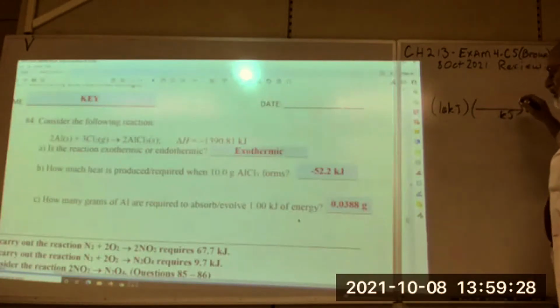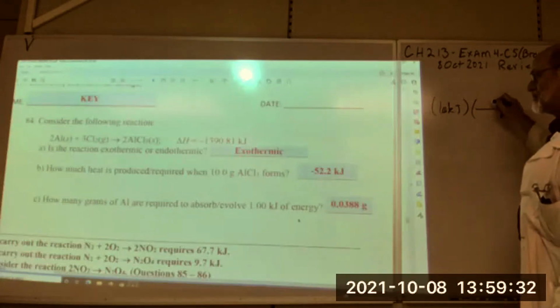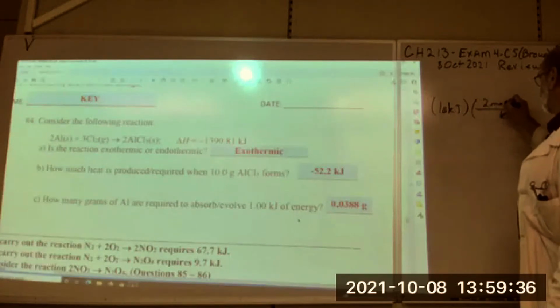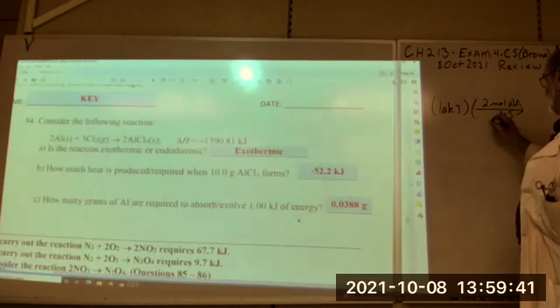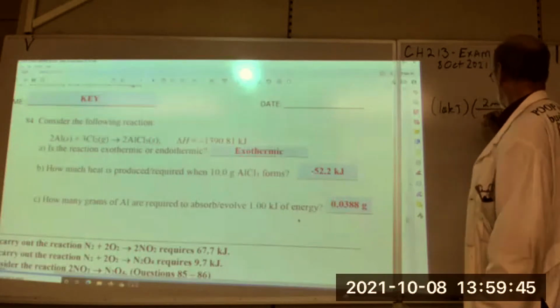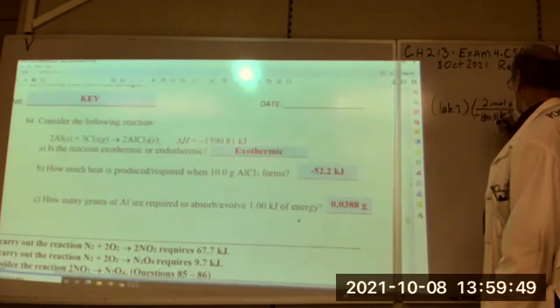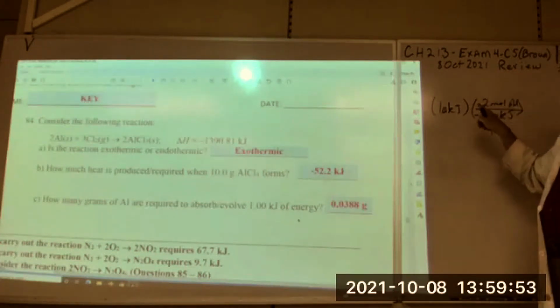And that's per 2 moles of aluminum. Okay. So we have minus 1390.81 kilojoules per 2 moles of energy. So this gives us the moles of aluminum we need.